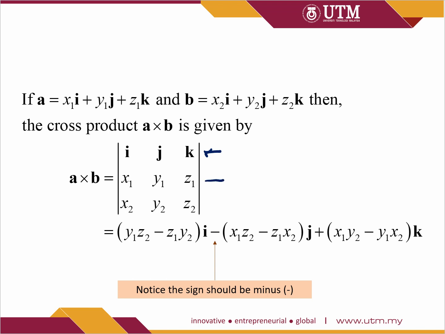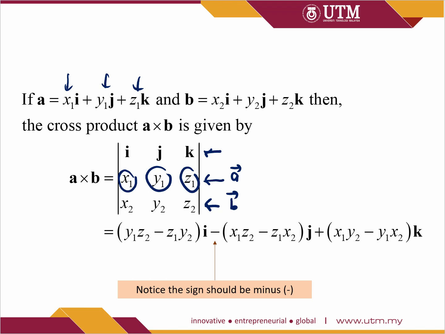The second row is the constants of i, j, and k, which are x1, y1, and z1. This is for vector A, and the last row would be the values for vector B.